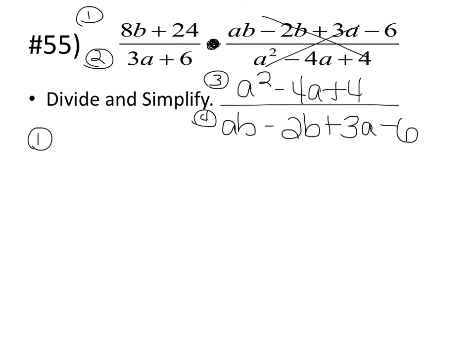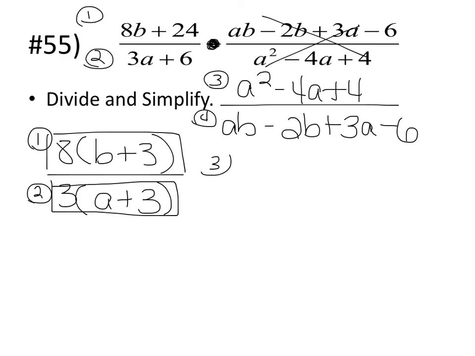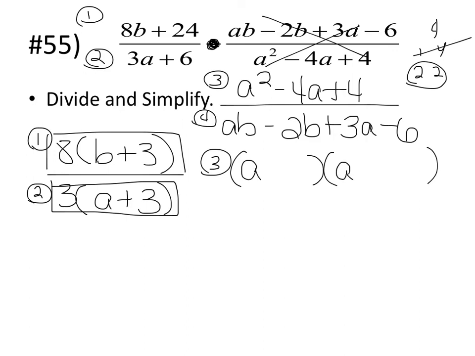So 1, you're going to factor out an 8, leaving you b plus 3. 2, you're going to factor out a 3, leaving behind a plus 3. 3, you have to find the factors of 4. So 1 and 4, 2 and 2. And you're going to use 2 and 2 to get 4. So it's a and a, minus, minus, and you've got 2 and 2.